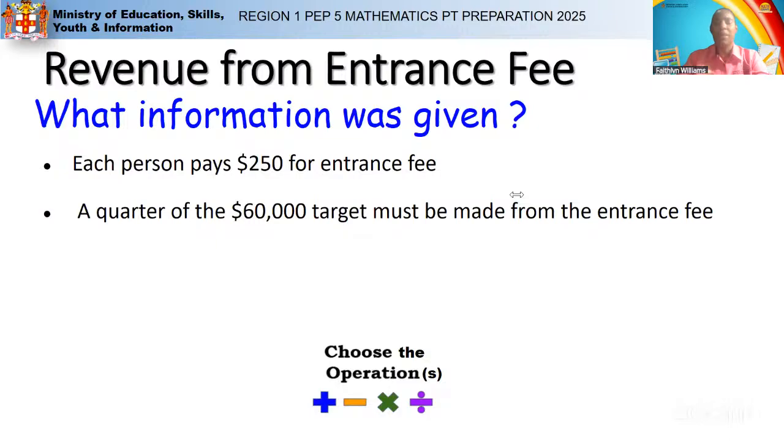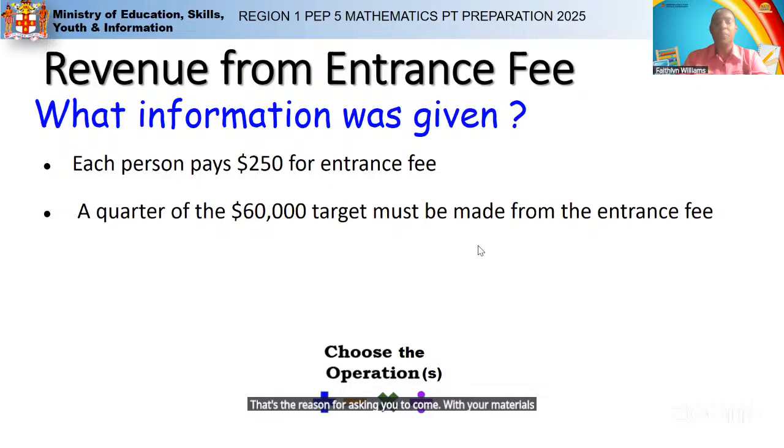Go right ahead. All right, so the answers are coming in slowly. So remember, you are also to work the question in your notebook. That's the reason for asking you to come with your materials.